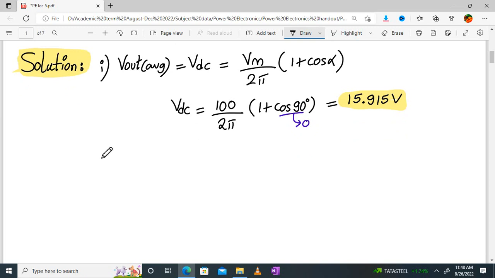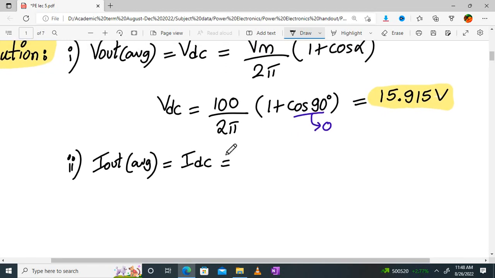So that is my VDC. Next, we have to find I out average, which is called IDC. But which V out, V out RMS or V out average?